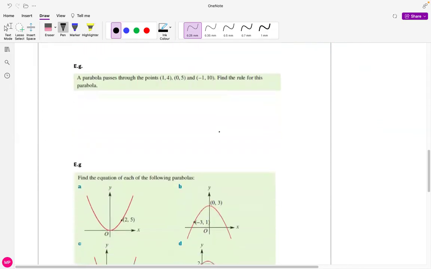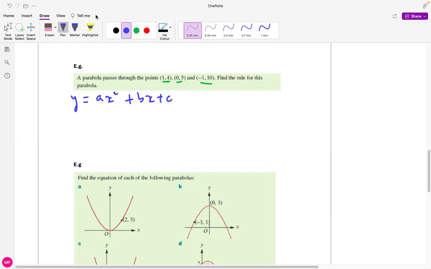The last one is another example. Here they give us just three random points: 0 and 5, 1 and 4, and negative 1 and 10. If they give you 3 random points, with no x-intercepts or turning point, the best form to use is the general form, y equals ax squared plus bx plus c.